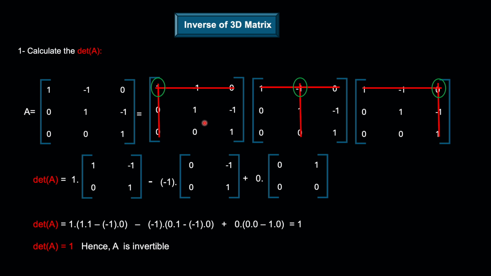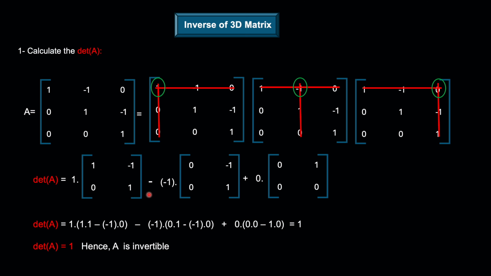Then we had 1 here, right? Or you can look at this one also, they are basically the same. So 1, 1, minus 1, minus 1, 0, 0. So we take our 1 here and we put it here, then we multiply it by this new matrix: 1, minus 1, 0, 1. This minus is coming from our rule.